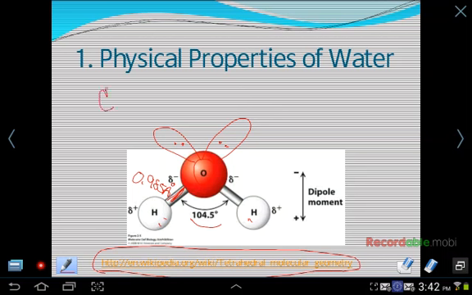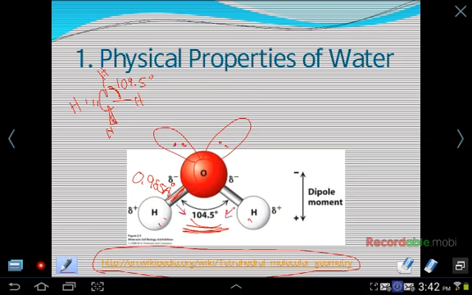Let's say if we take methane, which is tetrahedral as well, the bond angle between the hydrogen-carbon-hydrogen bond for tetrahedral molecules is actually 109.5.